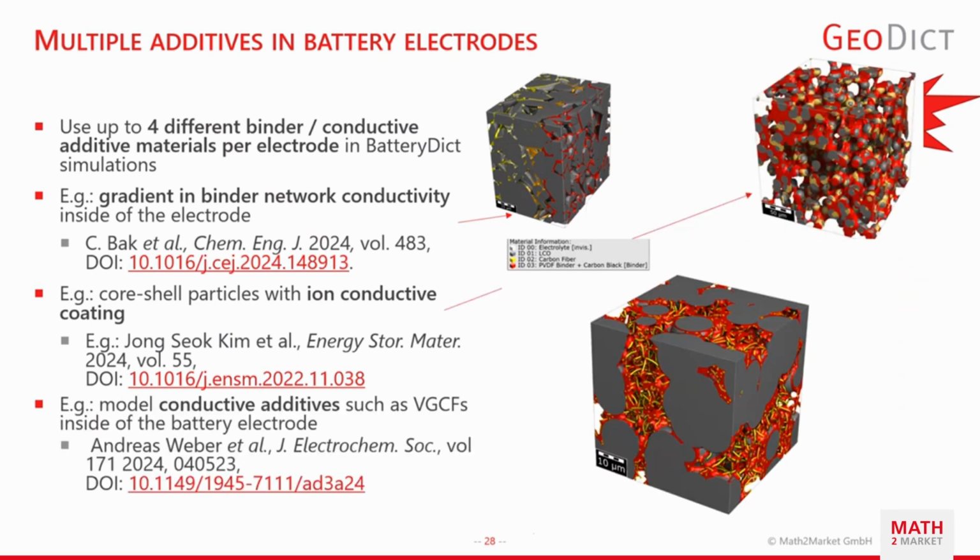Or you can say, I want to use active material. I have my CBD phase, that's the red part, and I have conductive additives, for example, vapor-grown carbon fibers. And you can simulate such a structure now because you can use up to 4 different additives in the charging simulation.